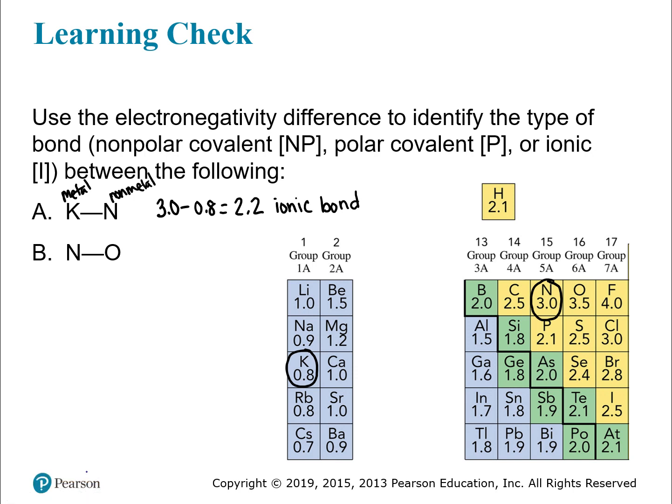Let's use a different color for B. Here we've got nitrogen bonded to oxygen. They're both nonmetals. So I can't just choose. I know it's going to be either nonpolar covalent or polar covalent, but I've got to do the math. Here we're using oxygen and nitrogen again. And there is a difference.